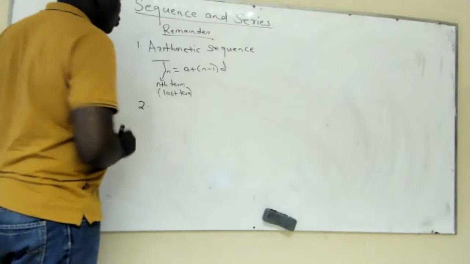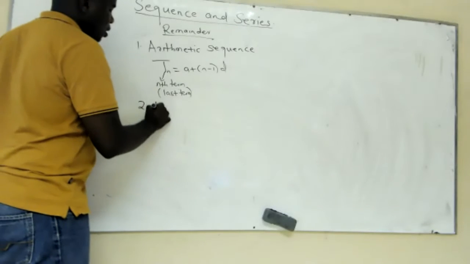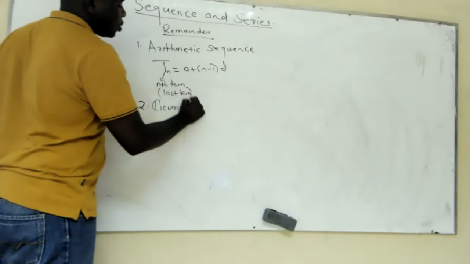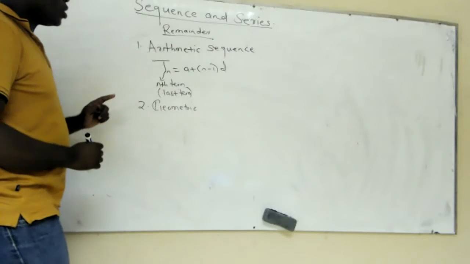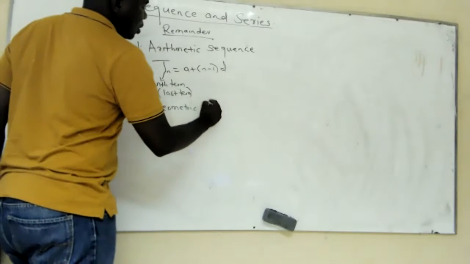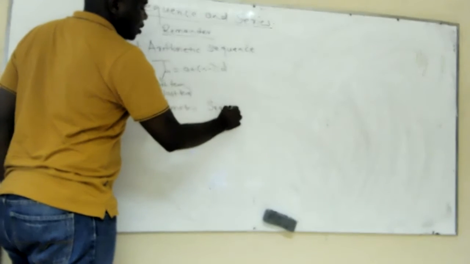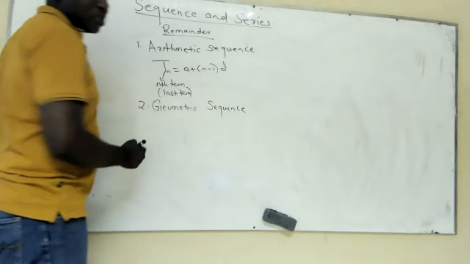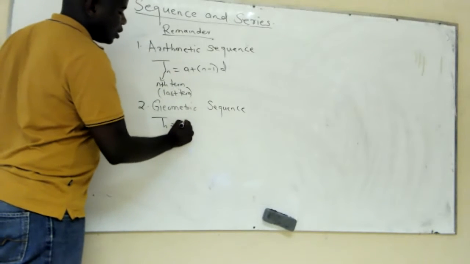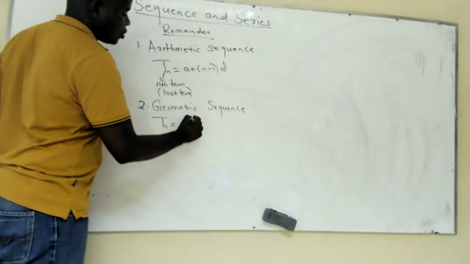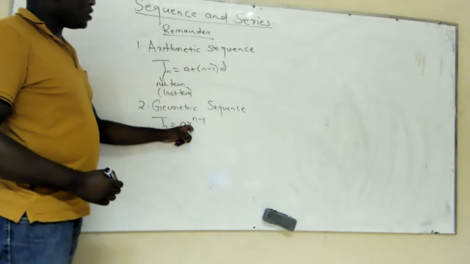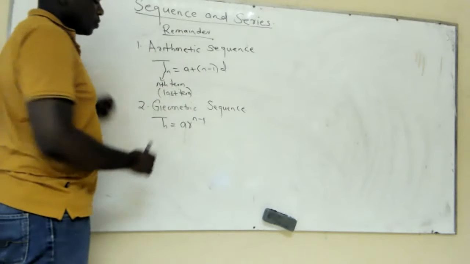And then number 2, what we have covered is geometric. I'm just reminding you so that when I introduce the new stuff for today, we don't have any problem. So the second aspect we have covered now is what is called geometric sequence, which is given by the formula Tn equal to a, the first term, times r to the power of n minus 1. a is the first term, r is the common ratio, n is the number of terms.